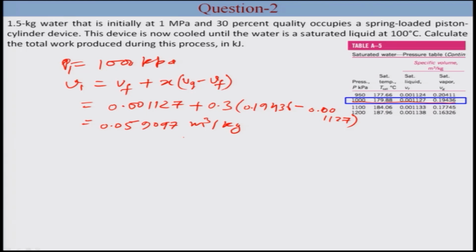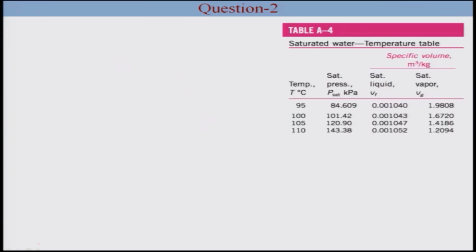Now we have to calculate P2 and V2 for state 2. Since state 2 is a saturated liquid, the temperature at this state would be 100 degrees centigrade. So from the saturated water table at 100 degrees centigrade, we can calculate P2 and V2. P2 would be 101.42 kilopascal, and the corresponding volume V2 equals the volume of the fluid, because it is a saturated liquid so there is no vapor.